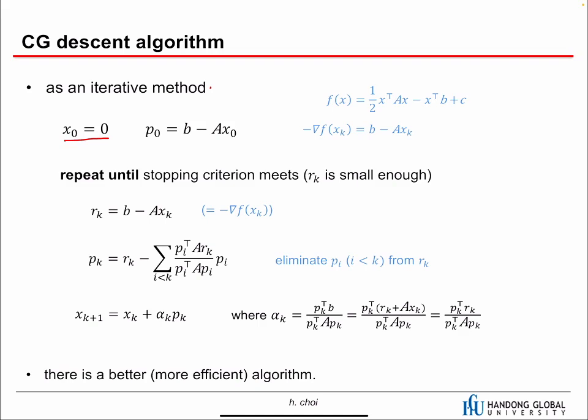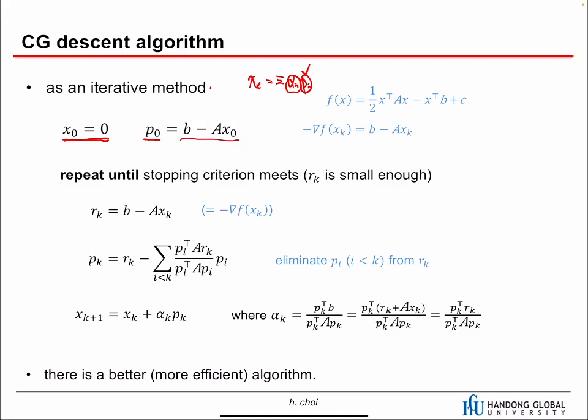As you can see, x star, the solution, is a weighted sum of conjugate vectors. So as long as we have a conjugate vector p sub i, we can calculate alpha sub i. The question is, how can we get this p sub i? When x naught is 0, p sub 0 is simply b minus A x naught.